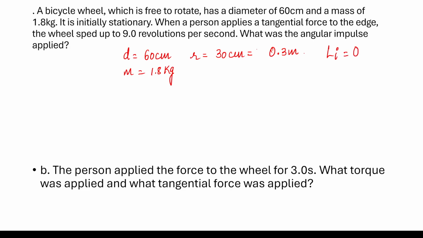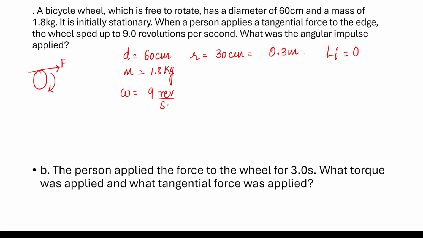When a person applies a tangential force to the edge, it would end up rotating because of the torque produced. So the final omega is 9 revolutions per second.